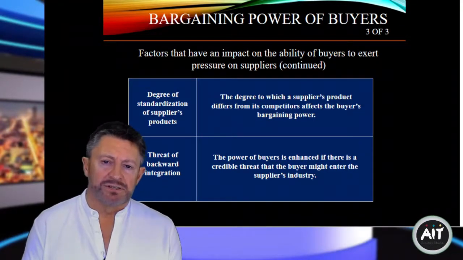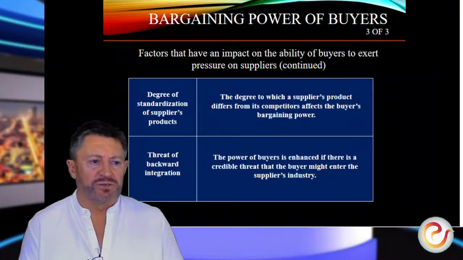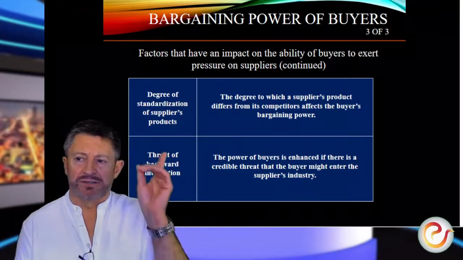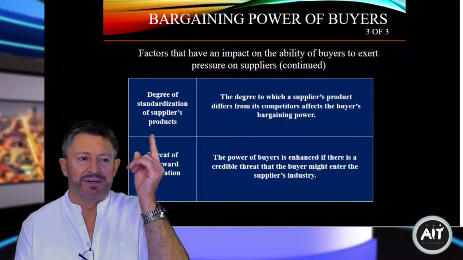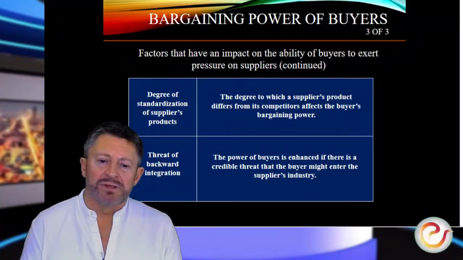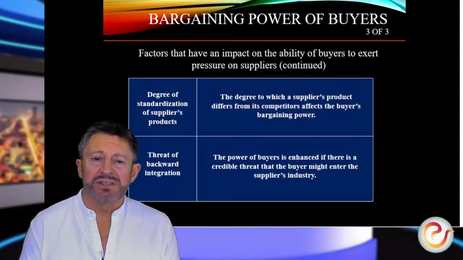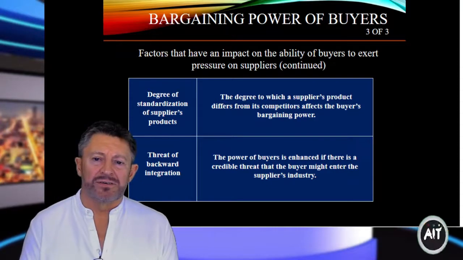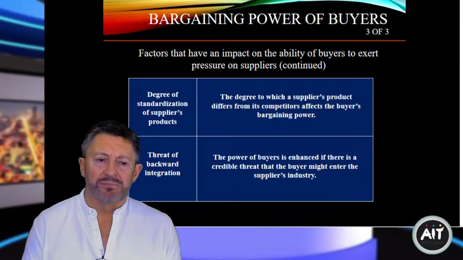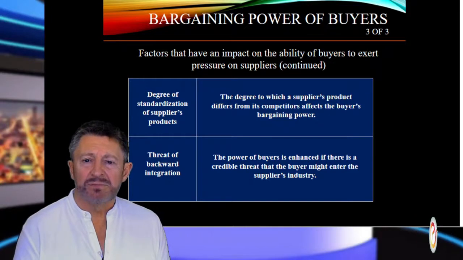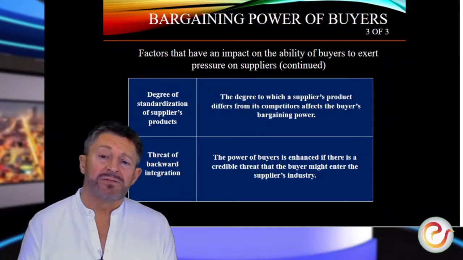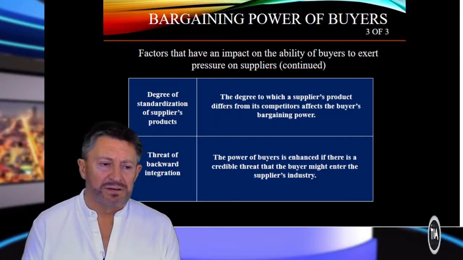But the more standardized, if it's pretty much off the shelf, so when the supplier, in this case up here, is producing standardized products, then it makes life a lot easier for the competitors to pay pretty much the same price. So they'll have to find other areas to cut back on costs.